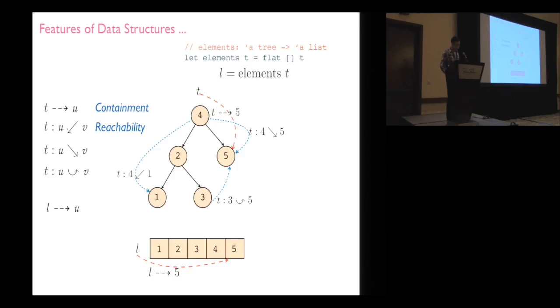A feature for a list L checks for arbitrary elements: 5 is reachable from 3. So these two are features.